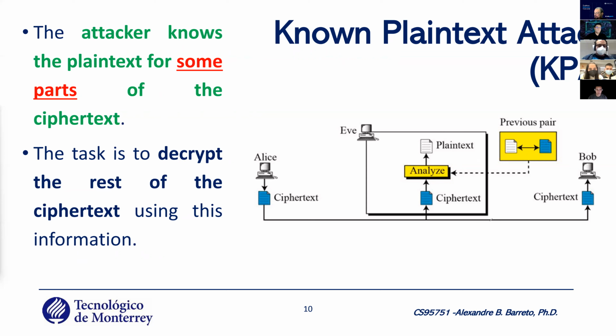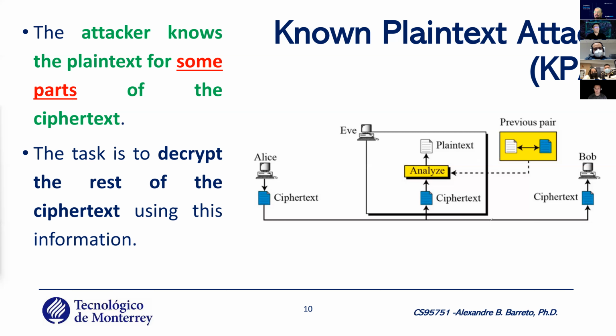I will show one type of attack that uses this approach, for example, the dictionary attack. You have a group of cipher messages and the clear text, and you use these pairs to try other keys.